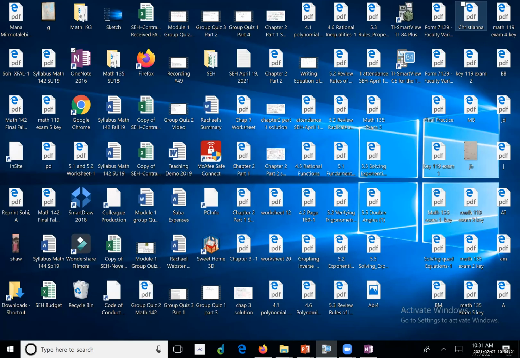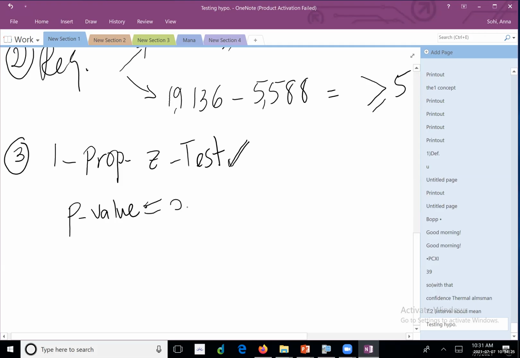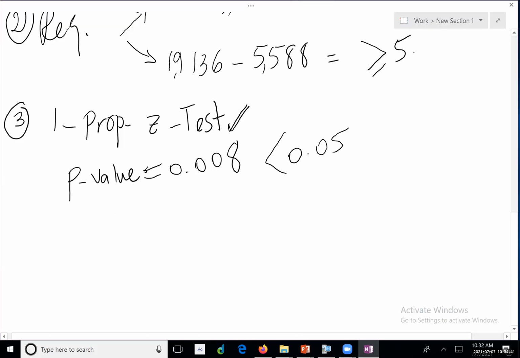So p-value, and many of you got it right. Excellent. 0.008. Compare with 5%. That's less. So do I reject the null and support the alternative, or do I fail to reject the null? So here's my question.